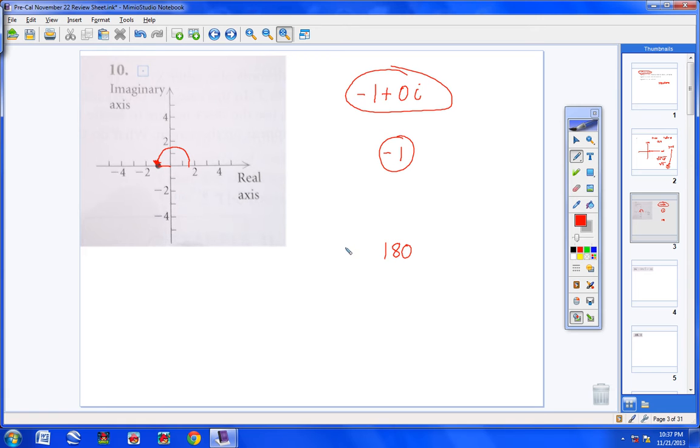So we're not going to put a negative 1, we're going to put a 1, and then, actually I need a little more room, so let me clear this off. I'm going to put a 1 and then parentheses, and then cosine 180 plus i sine 180. All right, and that is that number written in trig form.